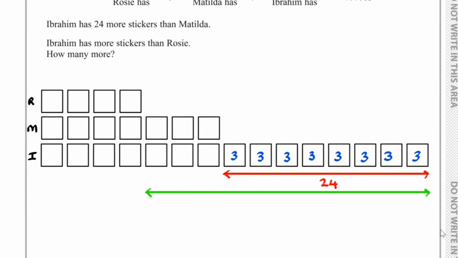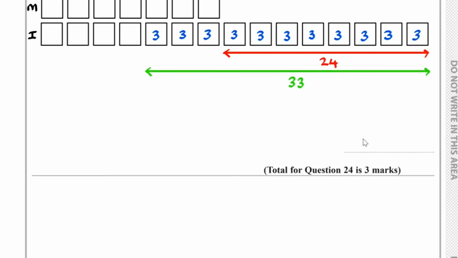And this difference, well, if each one is worth 3, then this entire difference will equal 3 multiplied by 11, which is 33. So we have 33 more stickers.